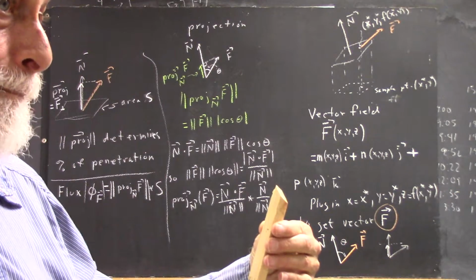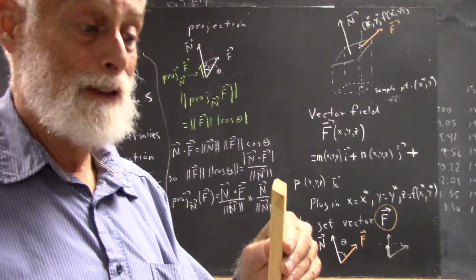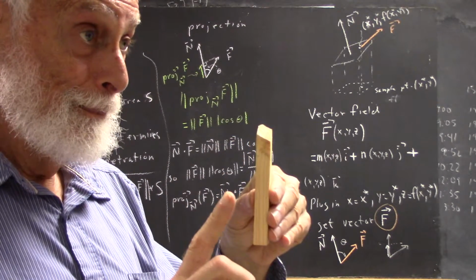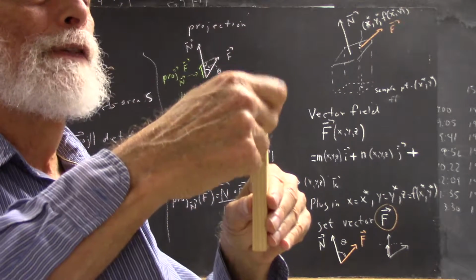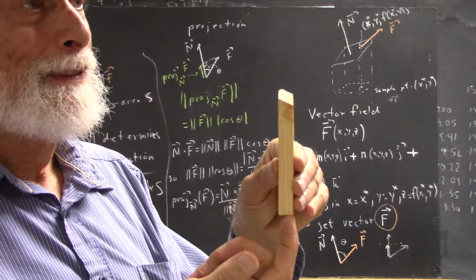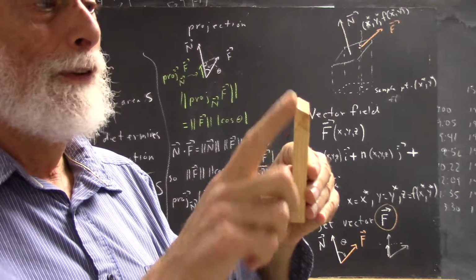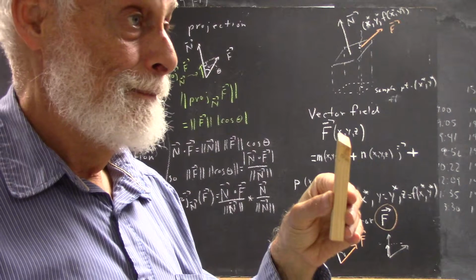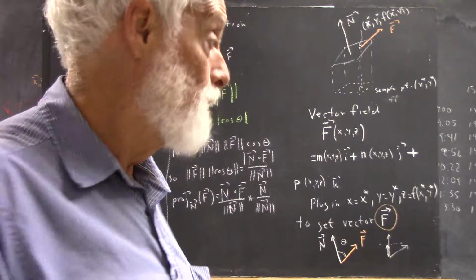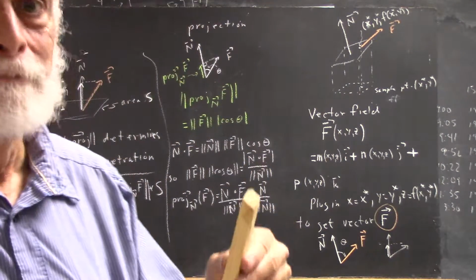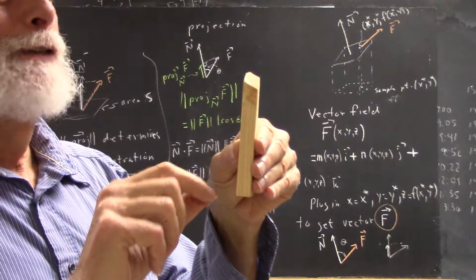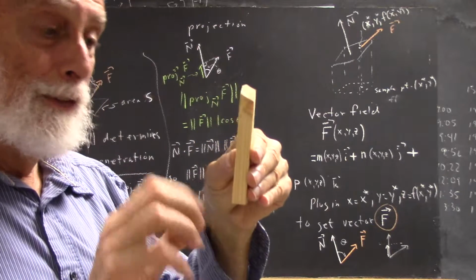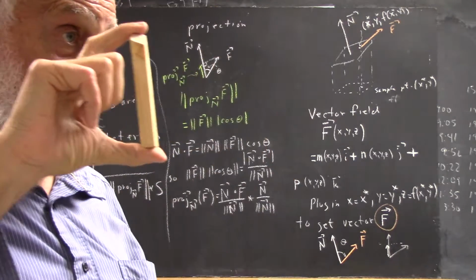Also, if this is vertical, in an XYZ coordinate system, it's in the Z direction, then the ratio of the surface area up here to the area of the base just depends on the normal vector and its angle with K. Right? A couple of fairly straightforward ideas. And we've also seen the idea that if you have a density function of X, Y, and Z, we can approximate the mass of this thing. Okay?